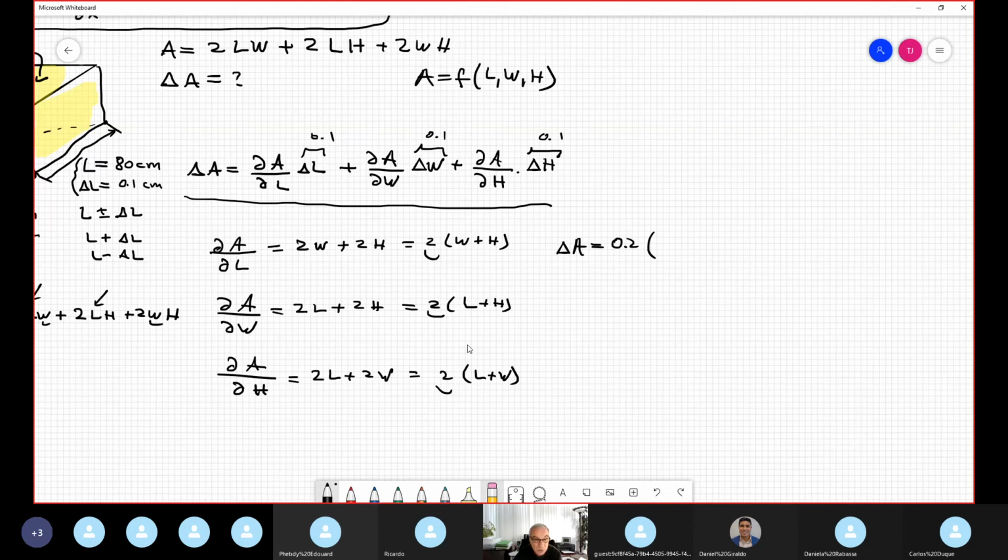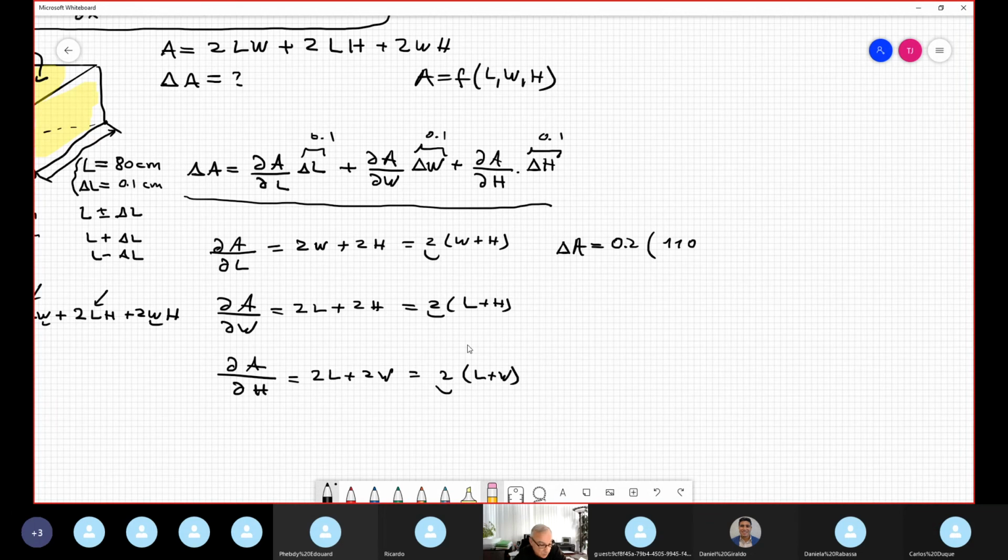So now multiplication? No, addition, no? It's addition. It's 60 plus 50. It's 110. Where does that come from?